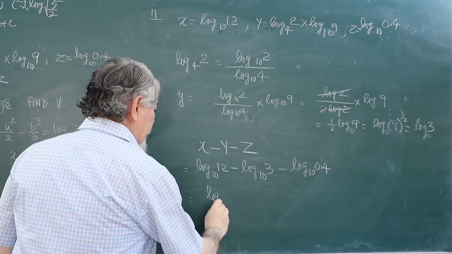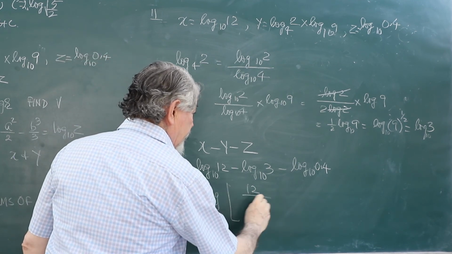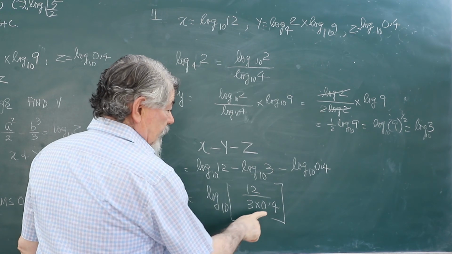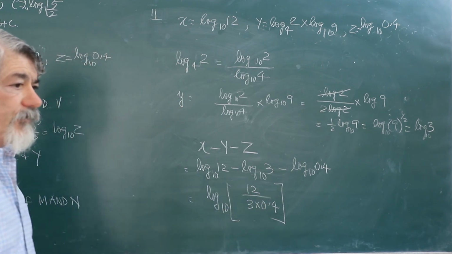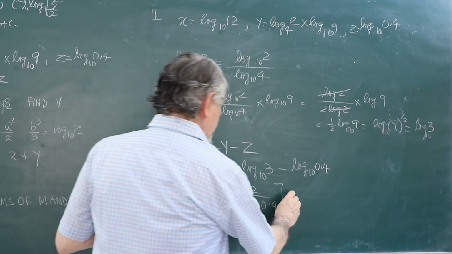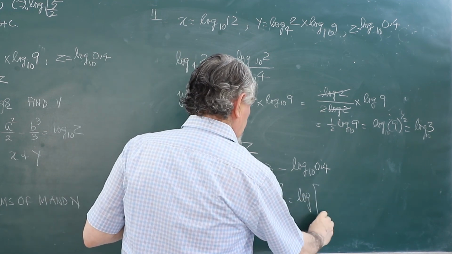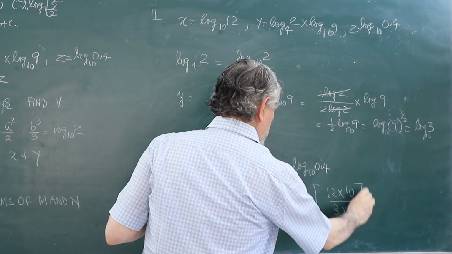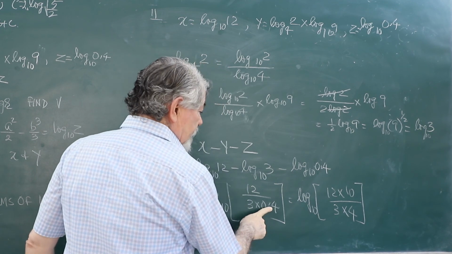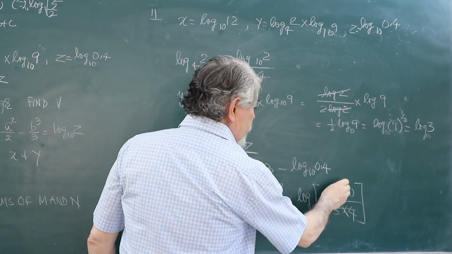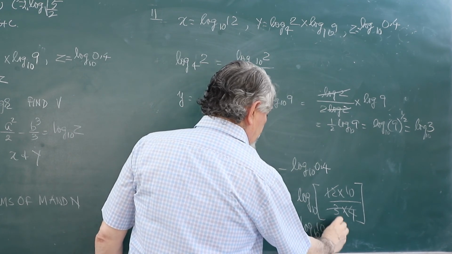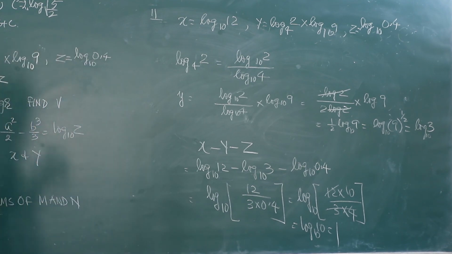So it will become log 12 upon 3 into 0.4 to the base 10. I will have to remove this decimal. If I remove the decimal, it will become log 12 into 10 upon 3 into 4 to the base 10, because this decimal will be removed, 10 will come up here. 3 4s are 12, 3 4s are 12. So log 10 to the base 10 is 1.